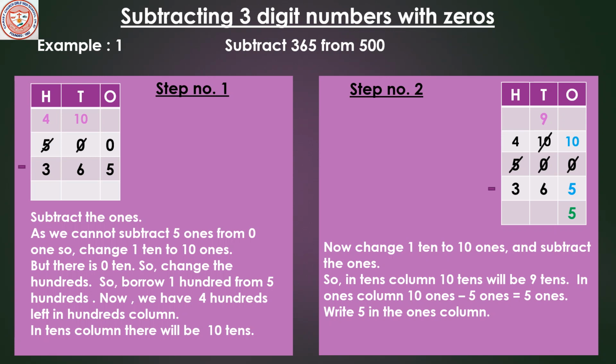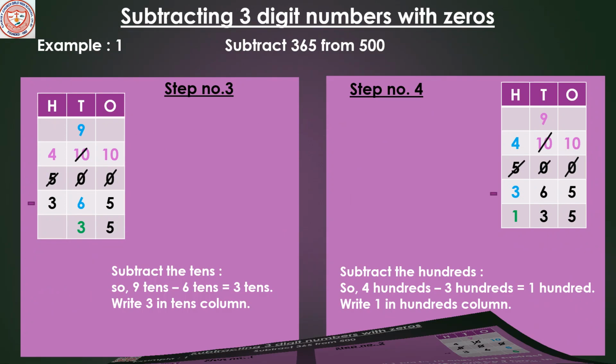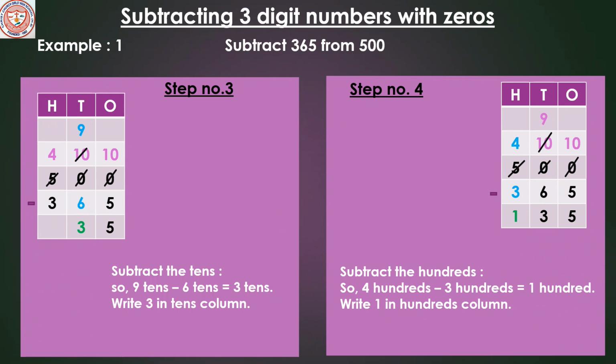And 6 tens is already there. So step number 3. Subtract the tens. That is 9 tens minus 6 tens is equal to 3 tens. So write 3 in the tens column. And step number 4.